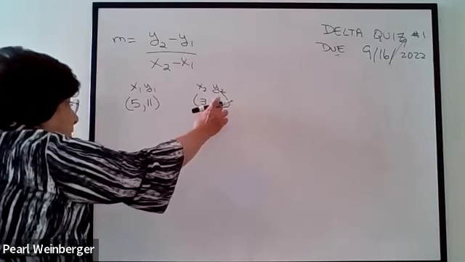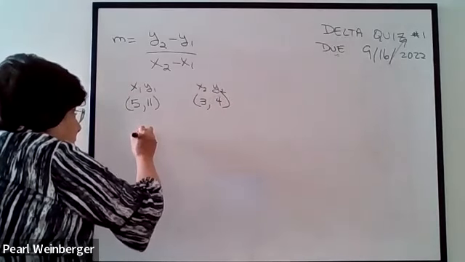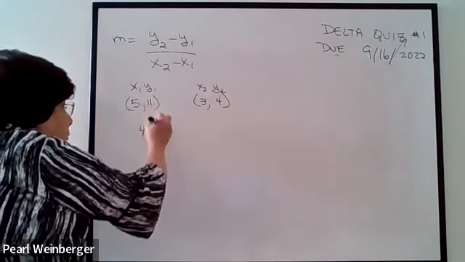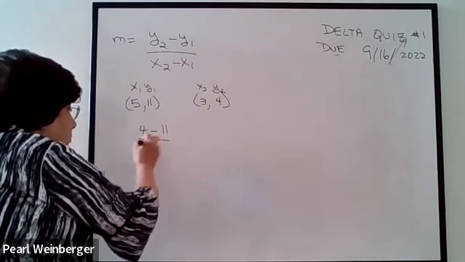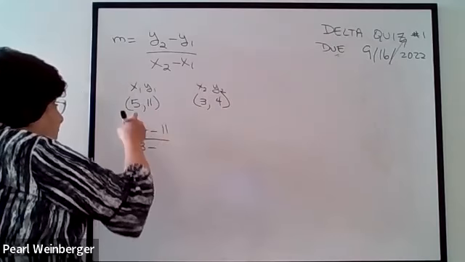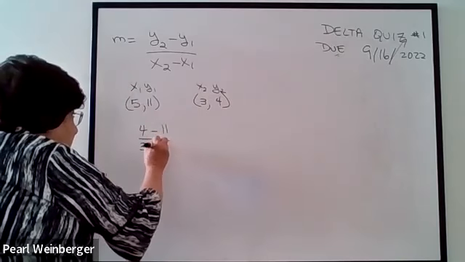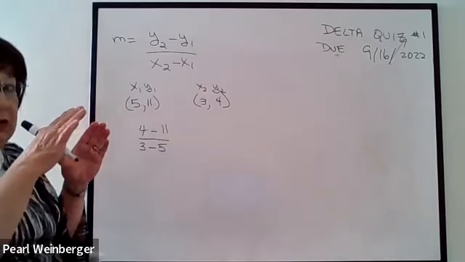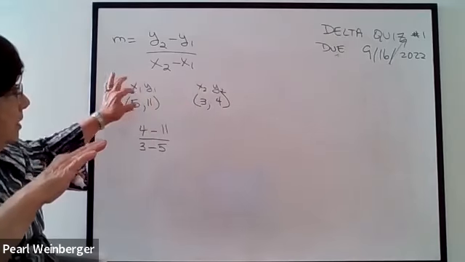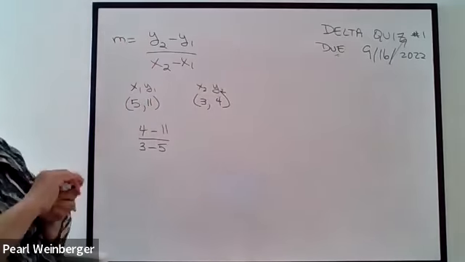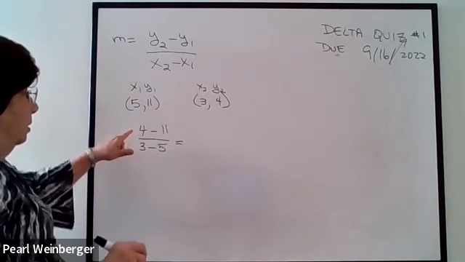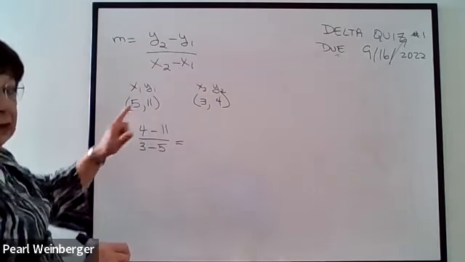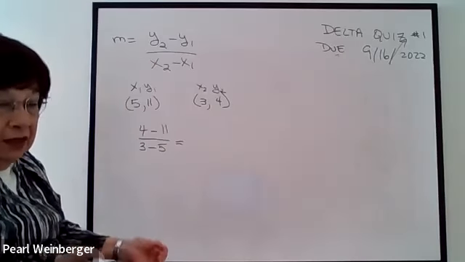Y2, which I picked to be 4, minus Y1, which is 11, over X2, which is 3, minus X1, which is 5. The first thing I do is just take the actual numbers and stick them into the formula. Now I go and work it out. 4 minus 11. You could do this on a calculator.